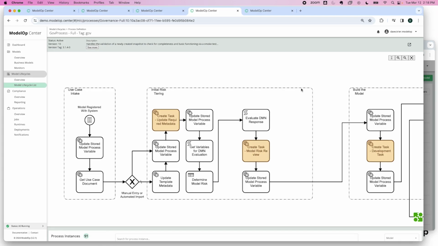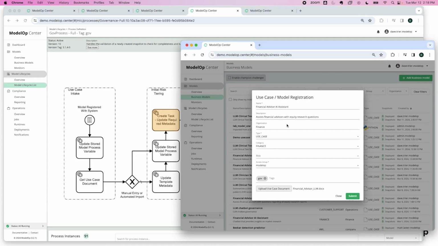So to show, again, that this is more than just a pretty diagram, I'm going to switch hats to that of a model or business owner that has this idea for this financial advisor AI assistant, where they're going to use an LLM to really help with equity research type questions. So as a model or business owner, I say, I have this idea.